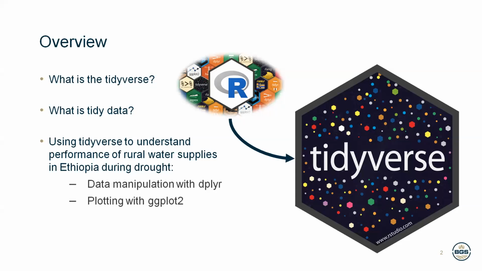And then I'll show some examples of how I've used the Tidyverse for data manipulation and plotting, but particularly using an example from a recent study that we conducted and published, looking at the performance of rural water supplies in Ethiopia during the El Nino drought in 2015 and 16.